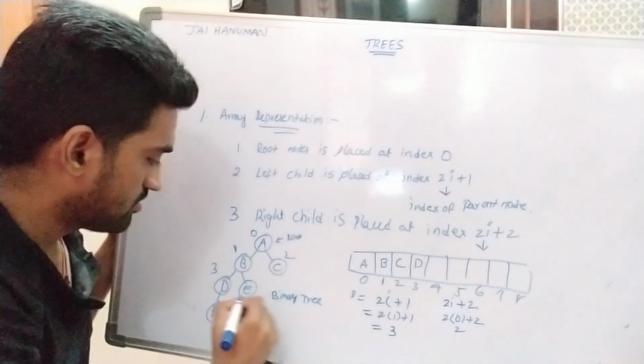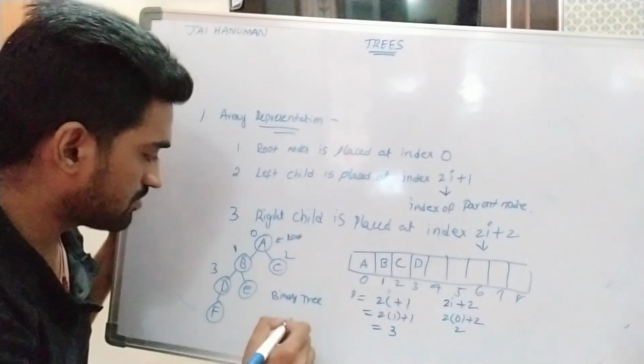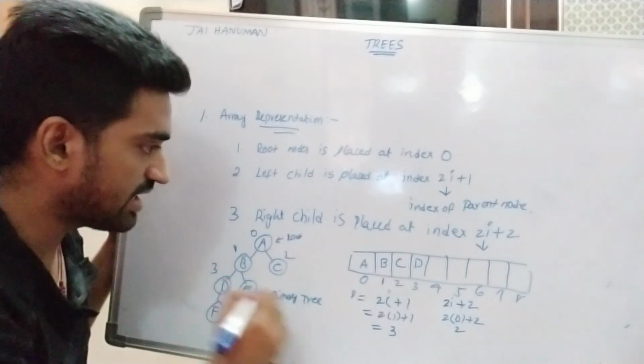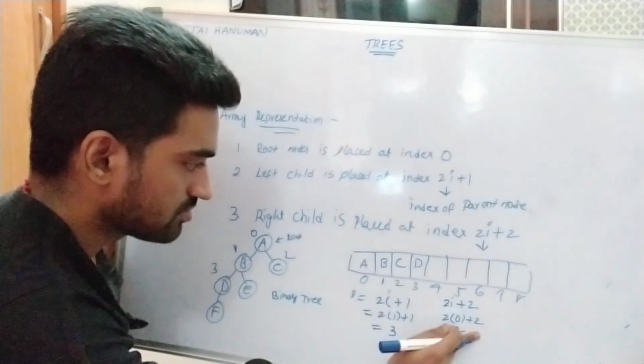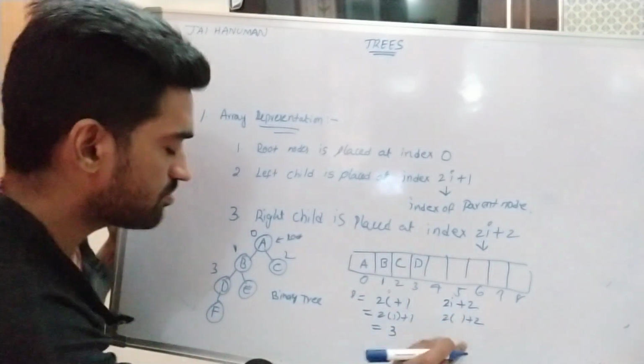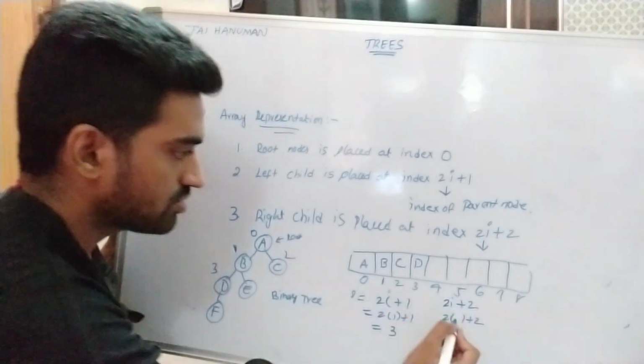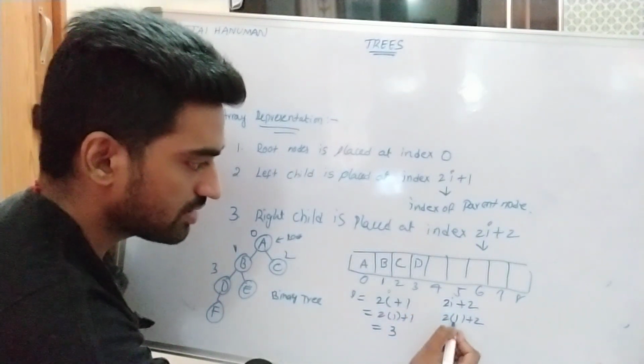Then what is the right child of node B? E. E is placed at 2i plus 2: 2 times 1 plus 2, which is 4.